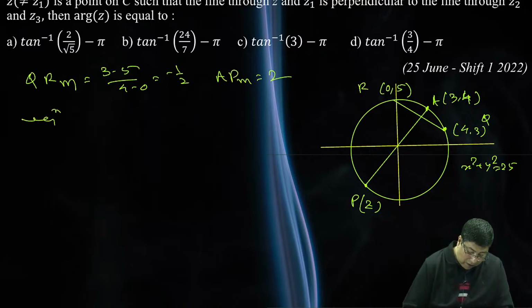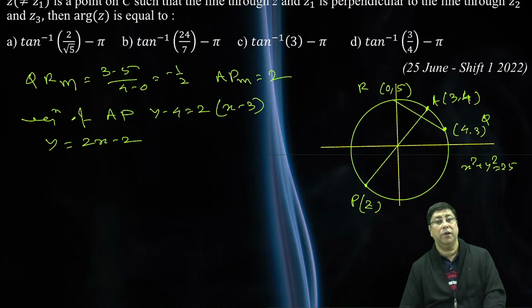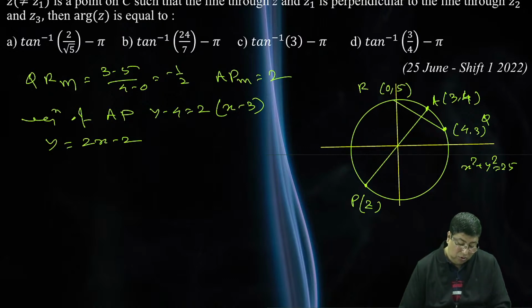Then equation of AP is y minus y1 equal to m into x minus x1, that is y equal to 2x minus 2. P lies on the circle x square plus y square equal to 25. So, P is the point x comma y. Therefore, we can write x square plus 4 into x minus 1 whole square equal to 25.